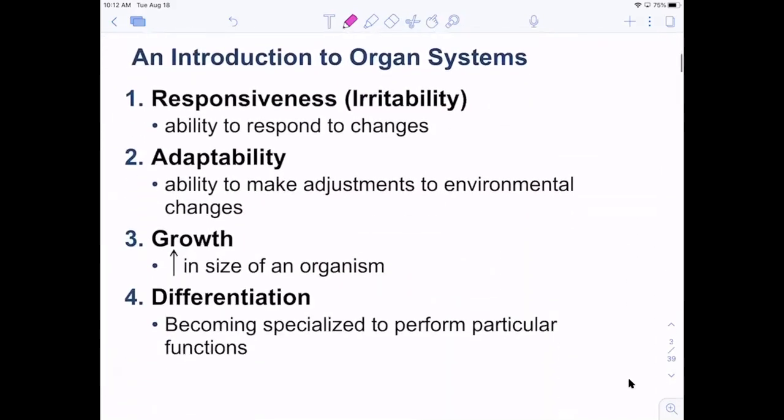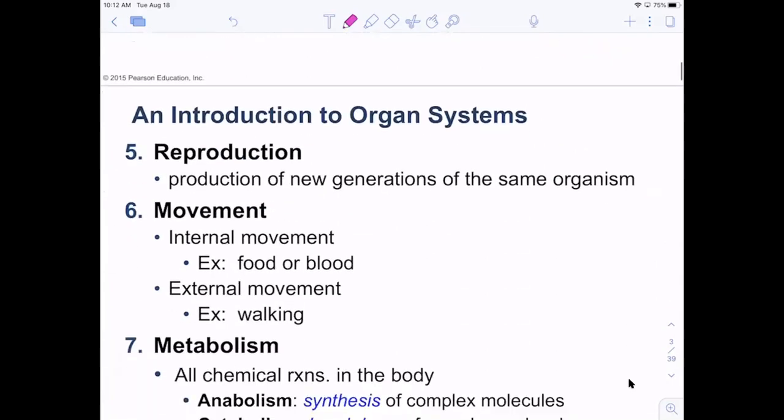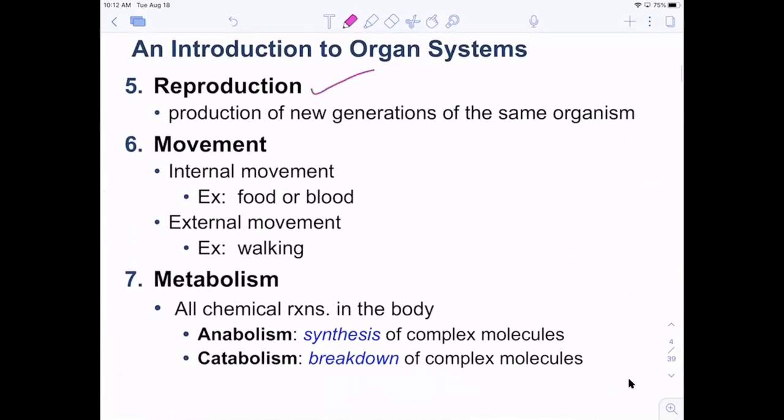So the next couple of slides are just for you to go back over, take notes, and know the 5 things. Responsiveness, adaptability is super important. Growth: organisms have to grow, and the cells have to differentiate. They have to continue to reproduce, or we call that extinction of a species.